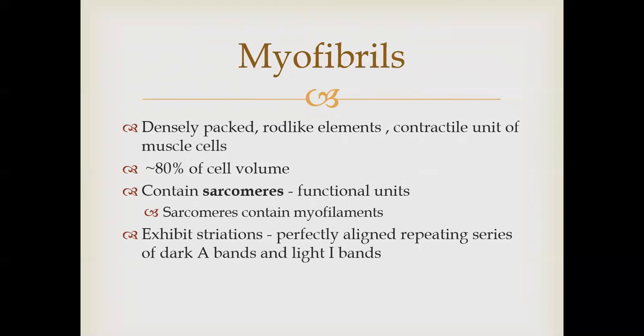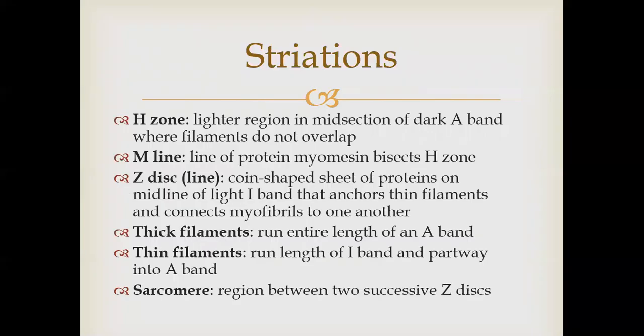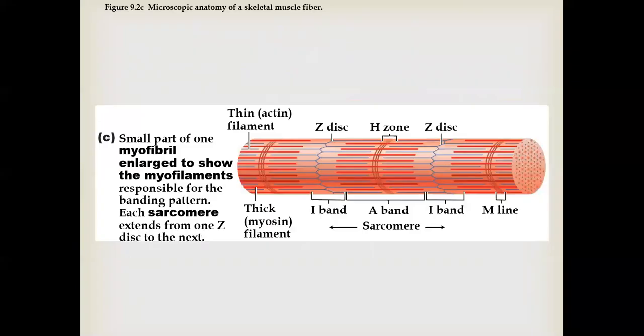All right, and then number 13 is asking you to label the striations that are provided on an image. Okay, so this is the image that's provided under number 13.